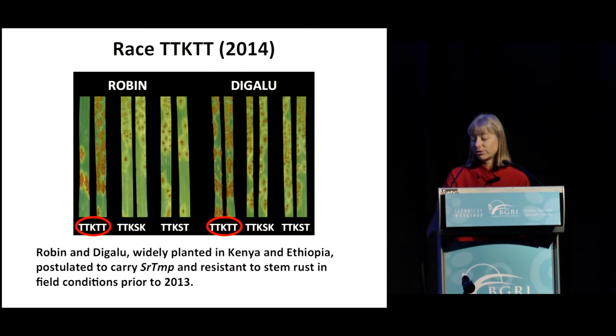The first lines show the seedling infection type after inoculation with the new race TTKTT, and it shows high infection types, in comparison to the seedling infection types produced by TTKSK and TTKST, which are low infection types. Robin is widely planted in Kenya still, and Digalu is widely planted in Ethiopia. Both of these are postulated to carry SrTmp.